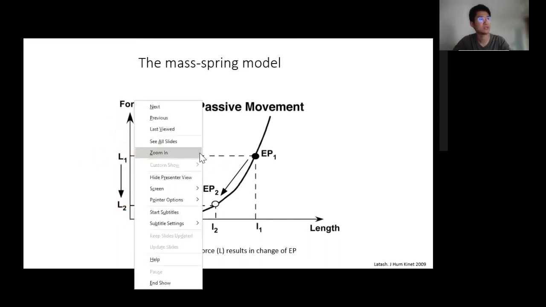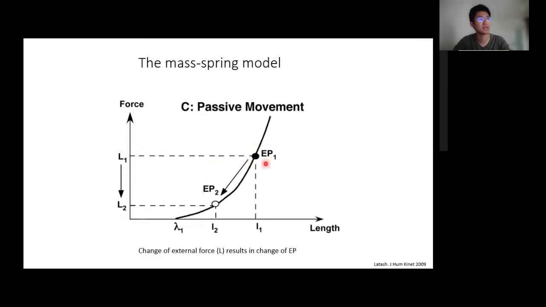And previously your system is stabilized at the equilibrium point. Because your load decreased to L2 and everything should arrive on this curve, the force length relationship, the equilibrium point should arrive on this curve. So this L2 will define a new muscle length here.